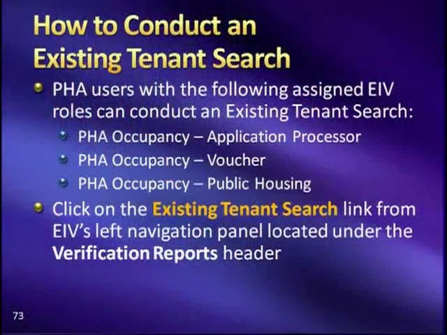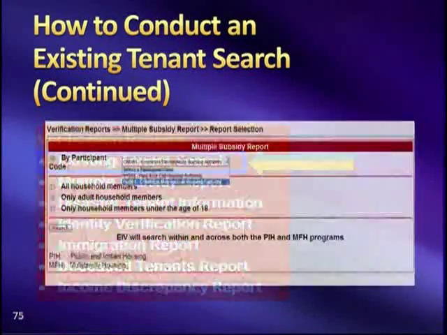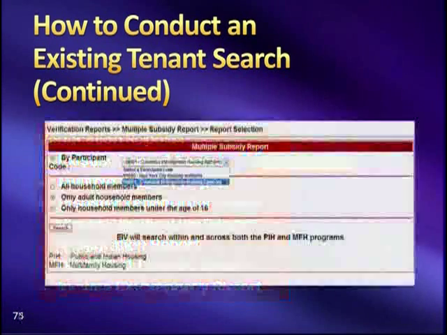Okay? And then how to conduct your existing tenant search, very simplistic. Again, notice that your application processor as well as your voucher and public housing roles allow you to do the existing tenant search feature. You will simply click on the existing tenant search link as identified in the blue box and the arrow.